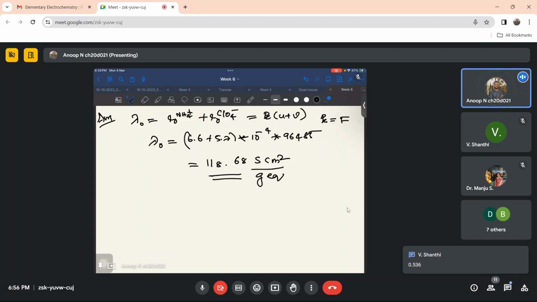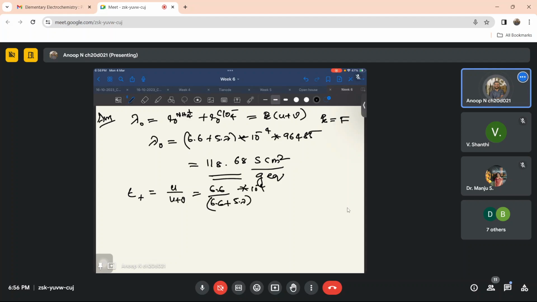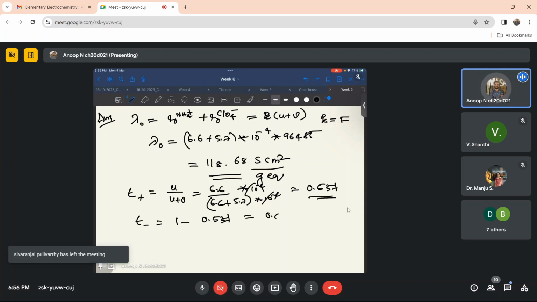So T plus is equal to U by U plus V, which is equal to 6.6 divided by 6.6 plus 5.7, with 10 raised to minus 4 here and 10 raised to minus 4 here cancelling out, so I won't write it. That is 0.537. So T minus will be equal to 1 minus 0.537, which is nothing but 0.463. Fine.